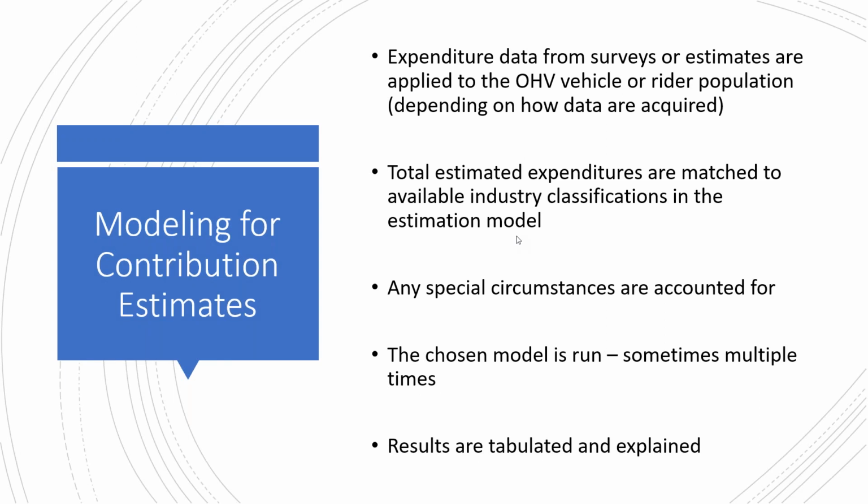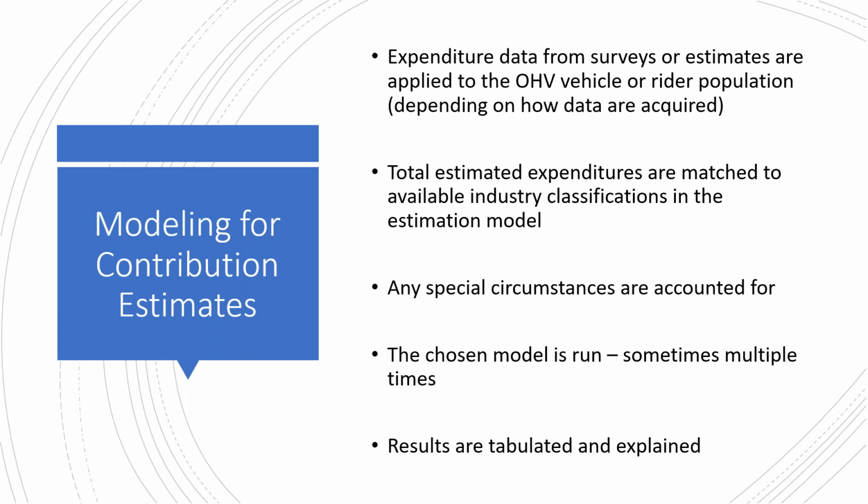Okay, then we took all the data from the surveys, or wherever you get your estimates, but in this case, most of you are going to probably do some sort of survey. We took those survey results and then we applied them or expanded them to the entire off-highway vehicle owner or rider population.